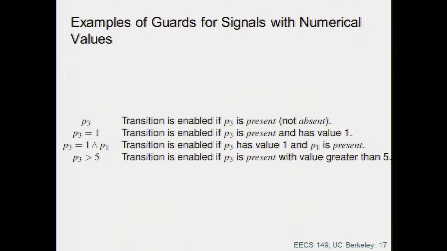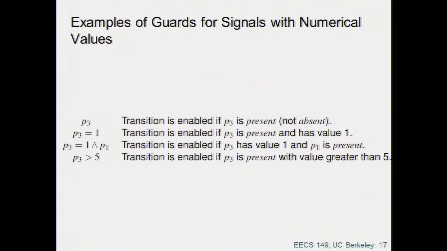Now, sometimes, as I told you, there are inputs and outputs that are not pure signals. They are numerical values. The states have always to be finite, no? Otherwise you don't have a finite state machine, okay? But the inputs and outputs can belong to the reals, right? So I can say P3. So transition is enabled if P3 is present.